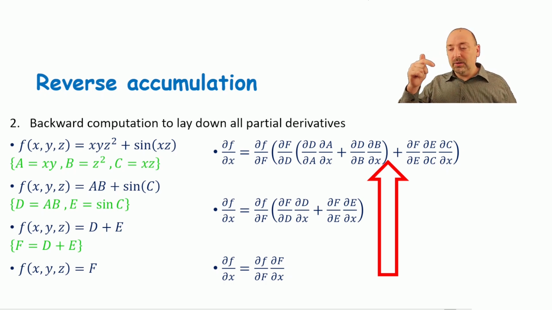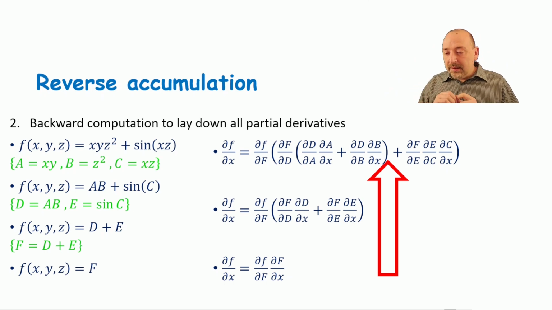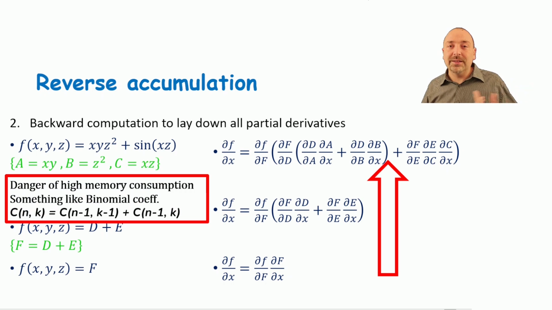But this call is going to repeat n times, so maybe several calls if n is large. But now consider a recursive call that branches. The classical example is the binomial: C of n, k is equal to C of n minus 1, k minus 1, plus C of n minus 1, k.